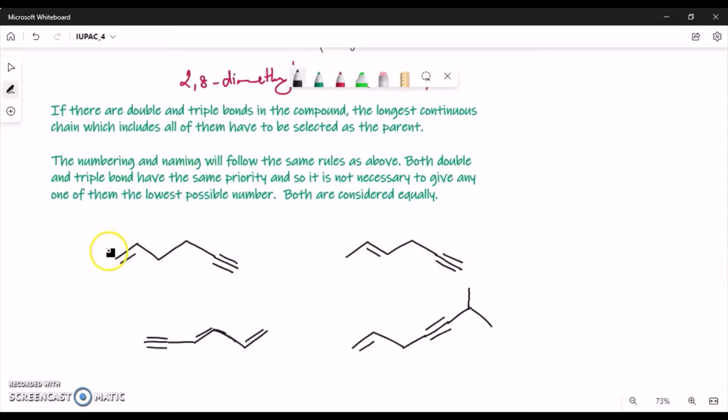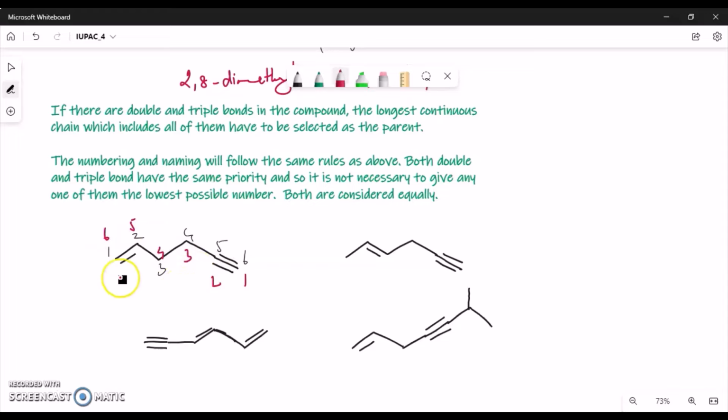So here the longest chain, of course, is easy in all these cases. So we will just number them. Here I can number it as 1, 2, 3, 4, 5 and 6, or I can number it in the red as 1, 2, 3, 4, 5 and 6.